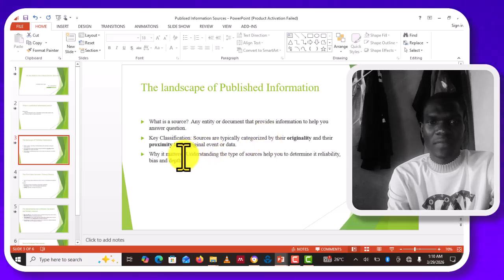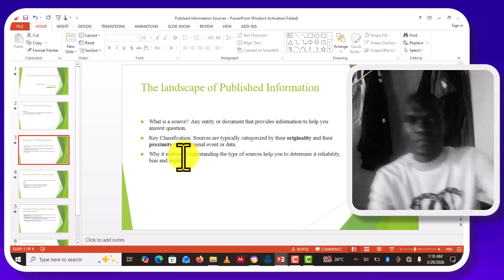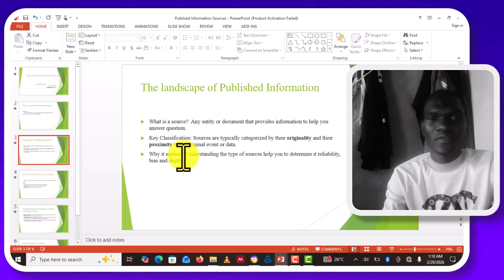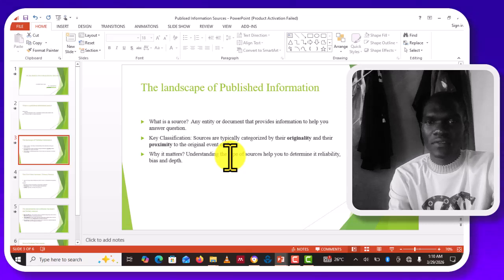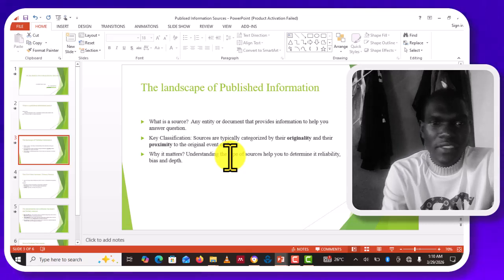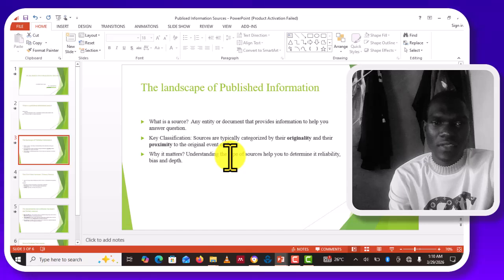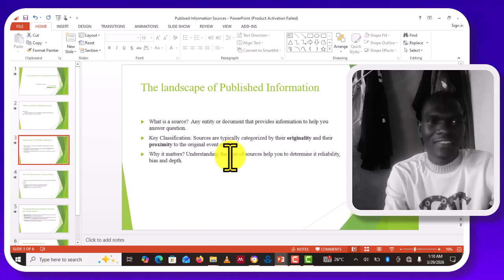Why it matters, or the uses of information literacy: understanding the type of source helps you determine its reliability, bias, and depth.